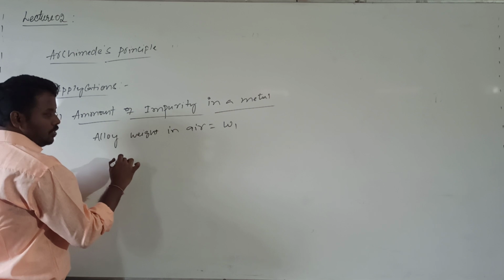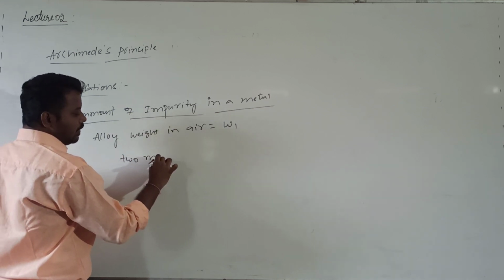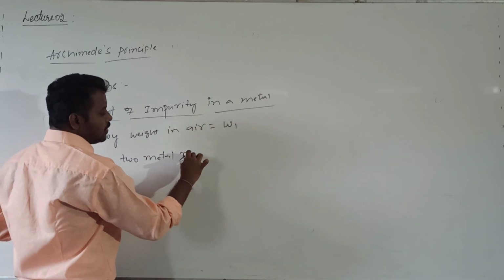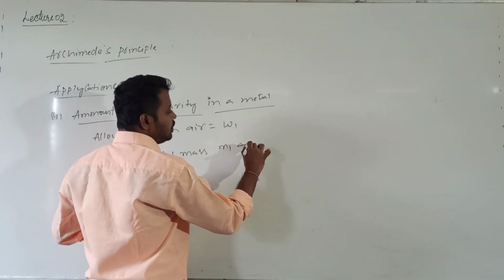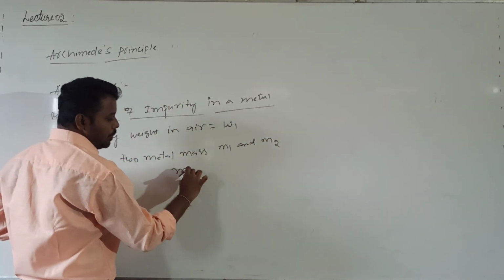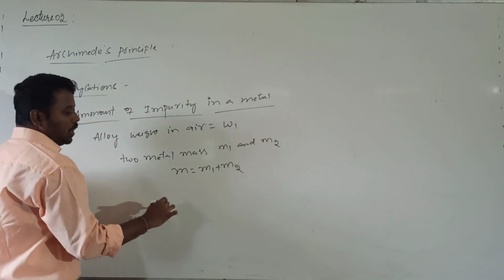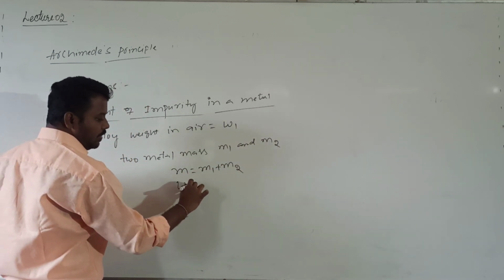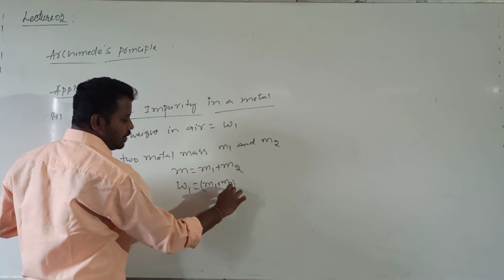Let the masses of the two metals be M1 and M2. Then the total mass of the alloy is given by M equal to M1 plus M2. The total weight of the alloy is given by M1 plus M2 into g.